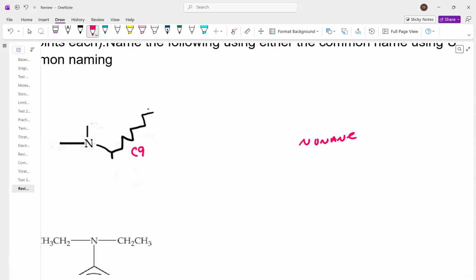And it's got an amino group on carbon number 2. Okay, so we're going to name it as basically a branch off of the backbone, an alkane backbone.